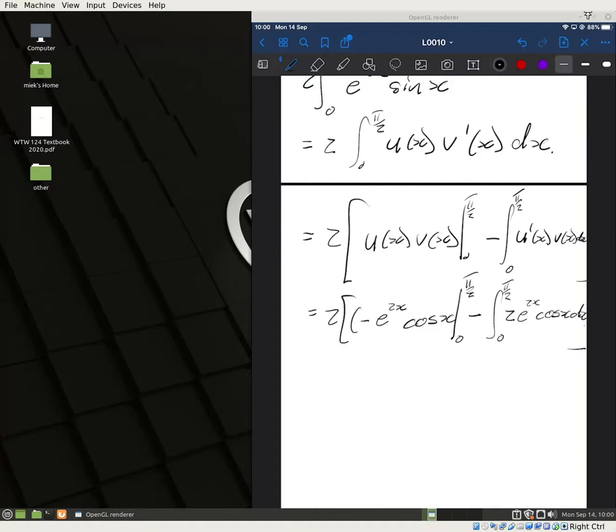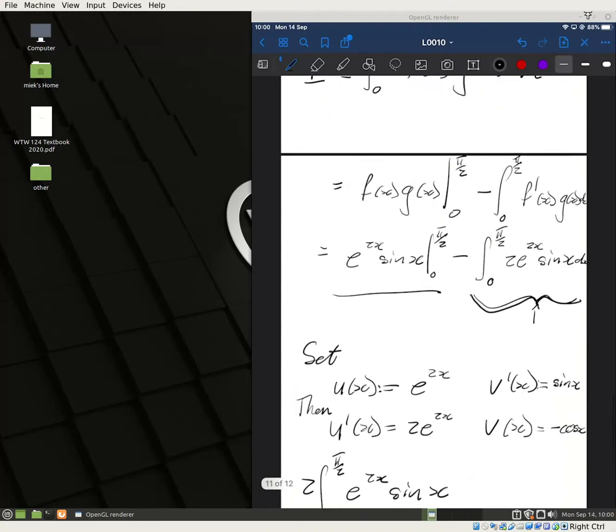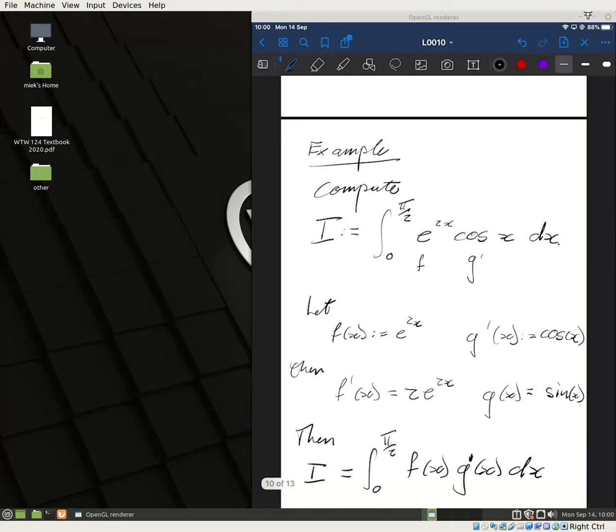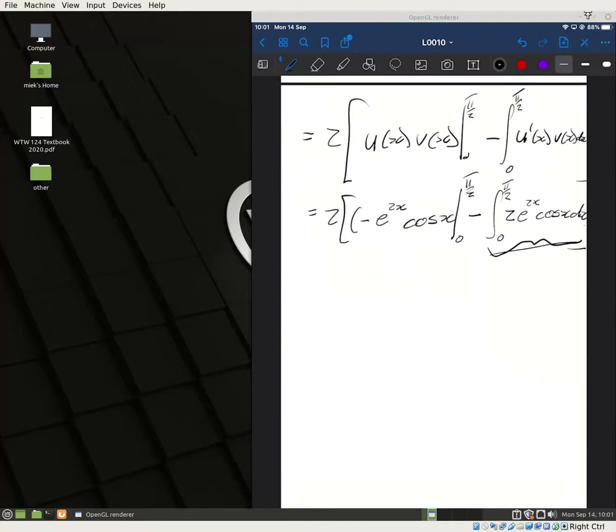Okay, and what you should notice here is this part looks suspiciously similar to our original integral. There's only a constant factor 2 difference here. So this I is the same as that, except for this factor 2.